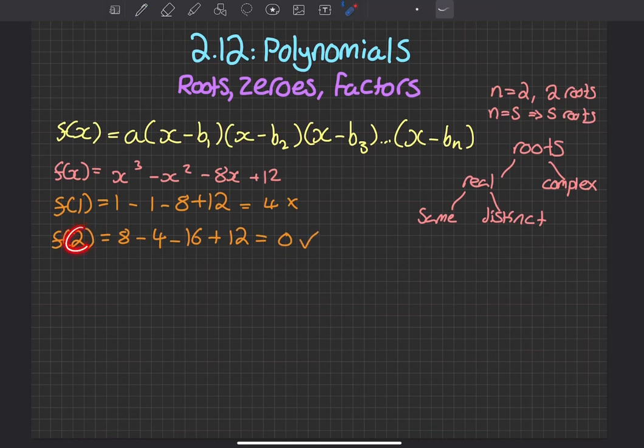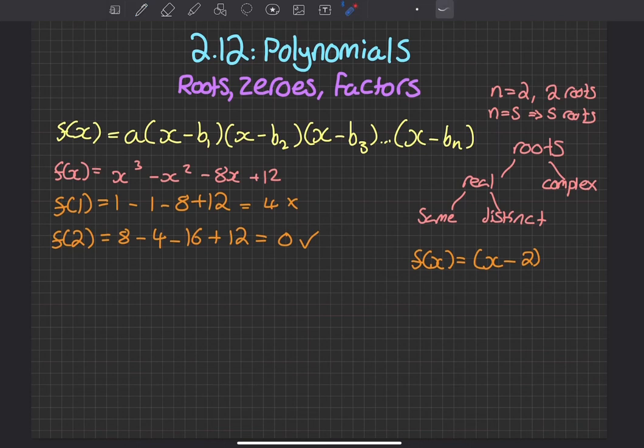So 2 here is b1. Okay, so now we know that if, let's say, we're going to write it here on the side, f of x equals, our first root is x minus 2, right? So how do we find the rest of them now?